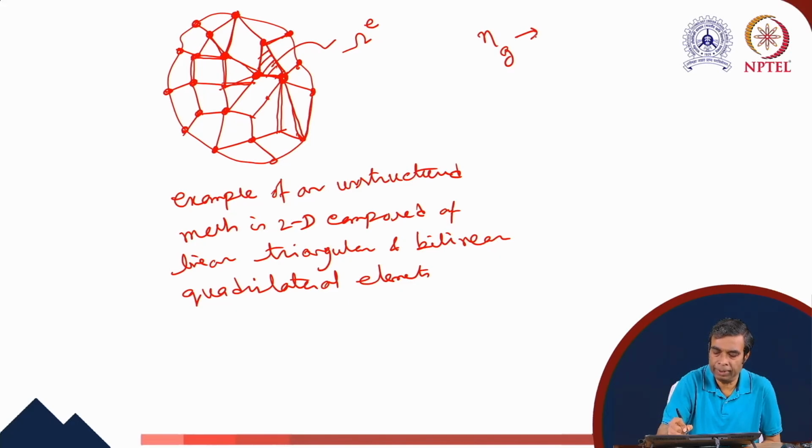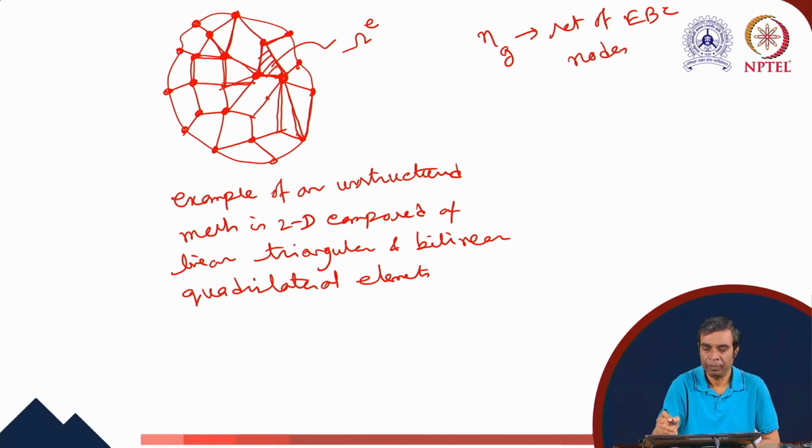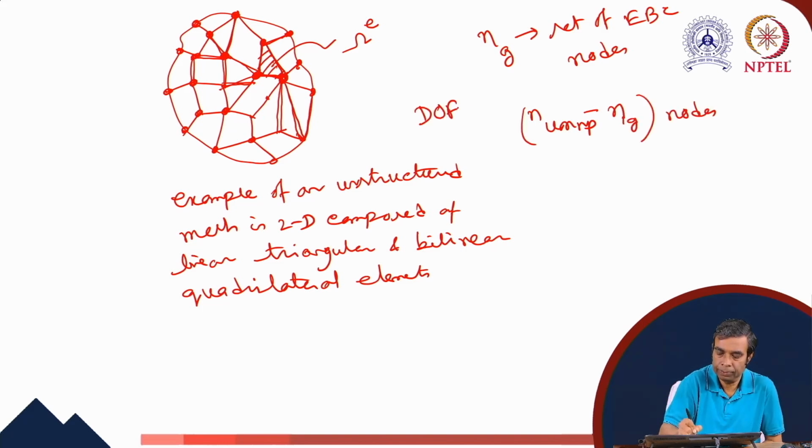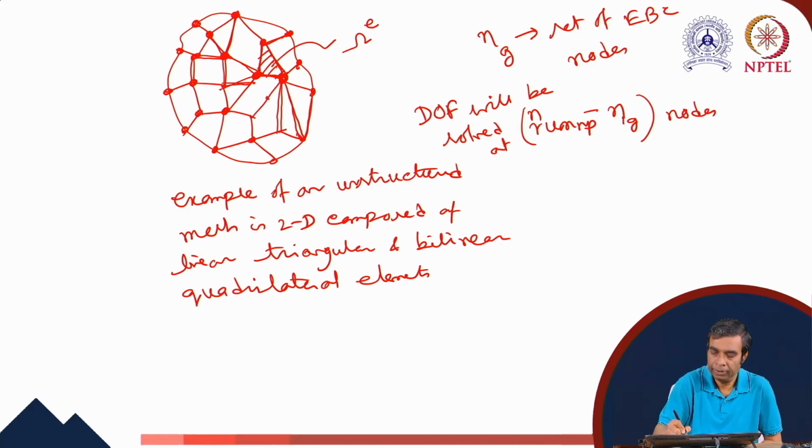So eta g represents the set of EBC nodes. The degree of freedom will be unknown, and will be solved, at num p minus eta g number of nodes.